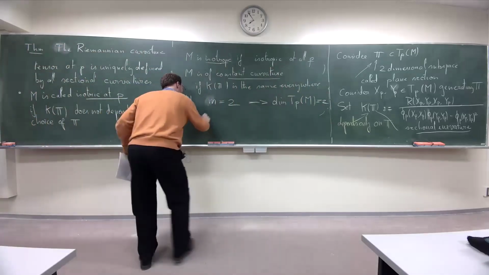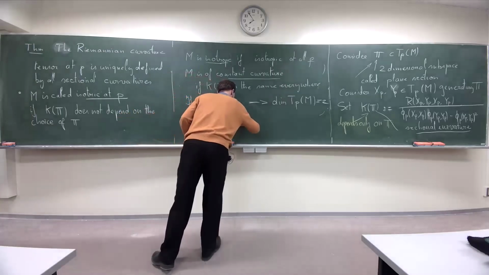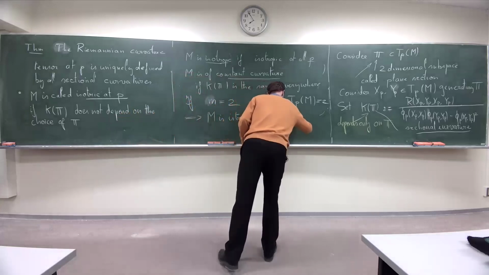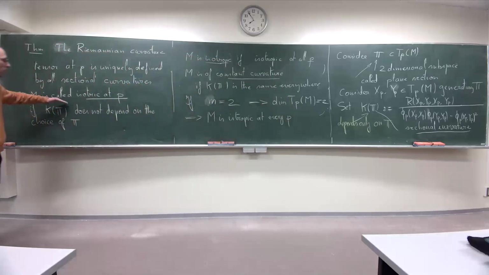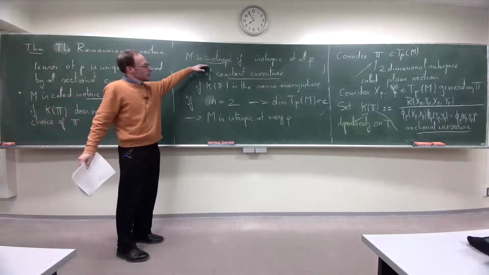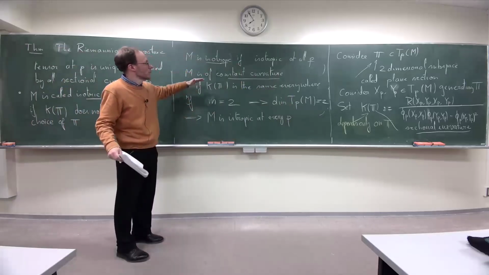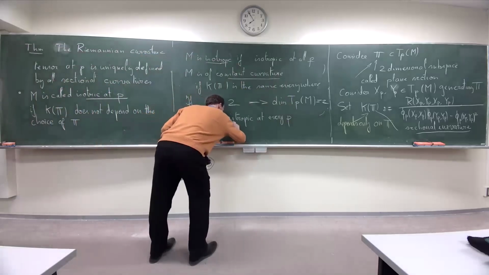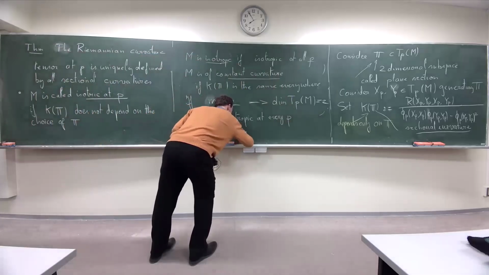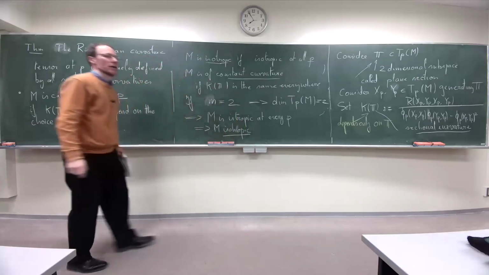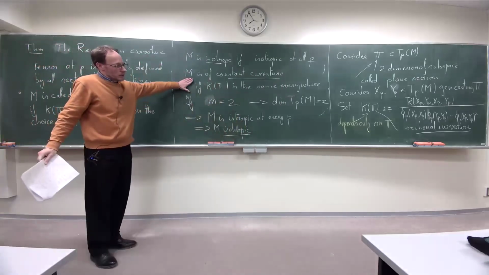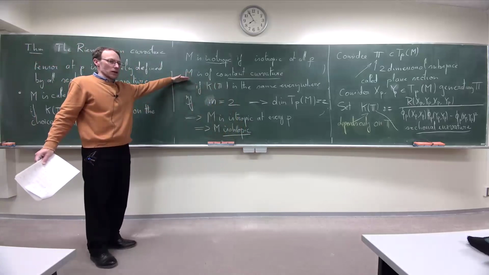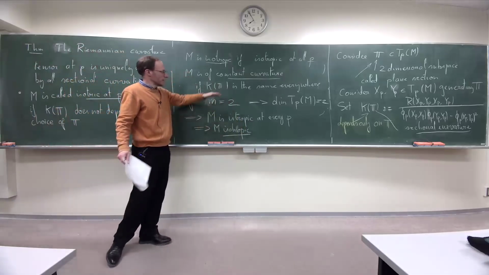So it means M is isotropic by definition at every P. So the first of these conditions is always satisfied, and then it implies that it is isotropic, because you have this property everywhere.